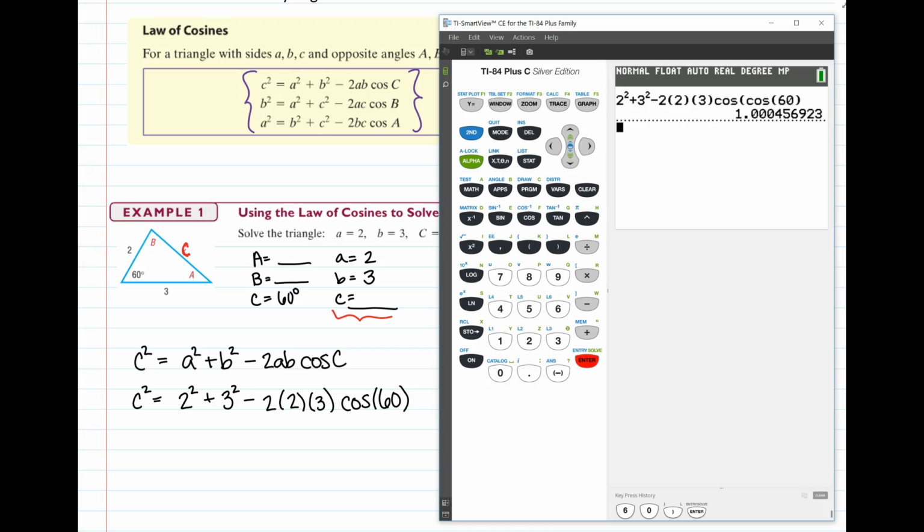And I'm going to hit enter, and it's going to give me this answer. Oh, I hit it twice, didn't I? Let's see, 2 squared plus 3 squared minus 2 times 2 times 3 cosine of 60 degrees. Okay? Huh, exactly 7. That's just crazy.